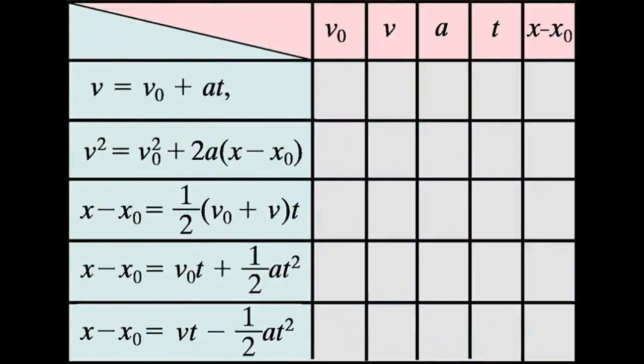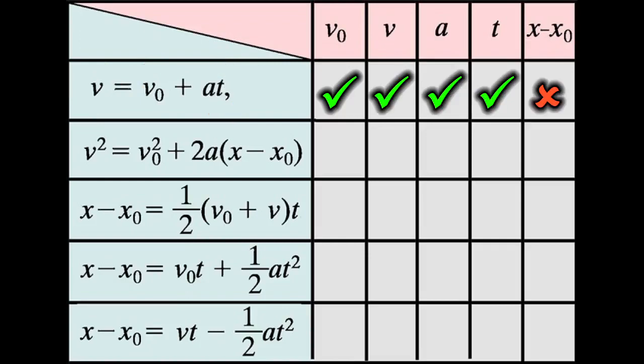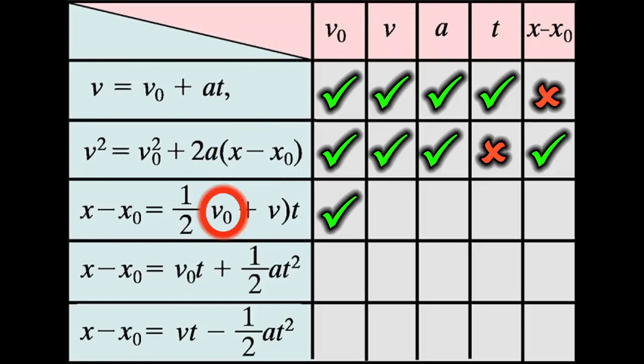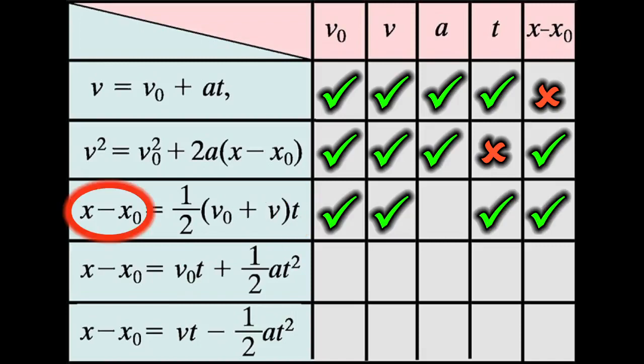Now we examine the equations. In the first equation, there is initial velocity, final velocity, acceleration, time. But there is no displacement. In the second equation, there is initial velocity, final velocity, acceleration, displacement. But there is no time. In the third equation, there is initial velocity, final velocity, time, displacement.